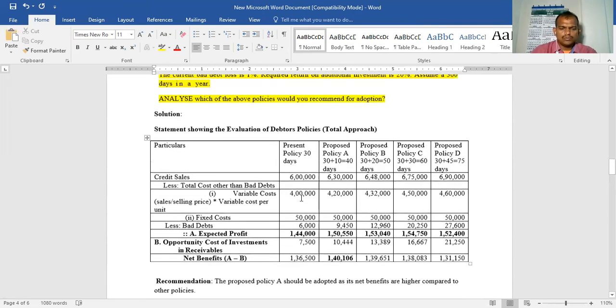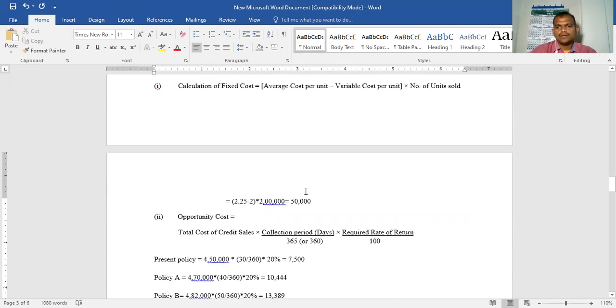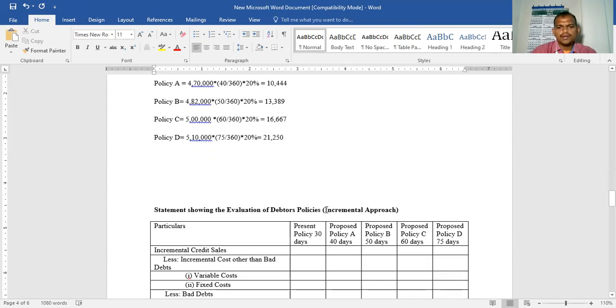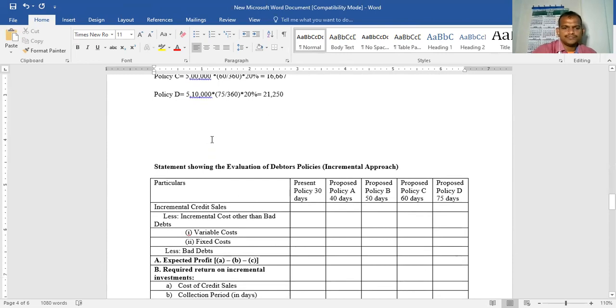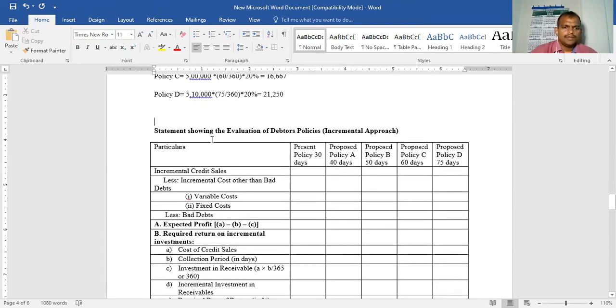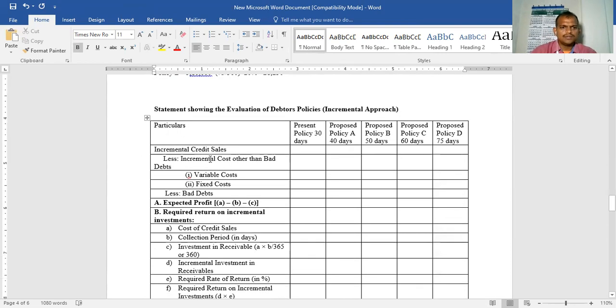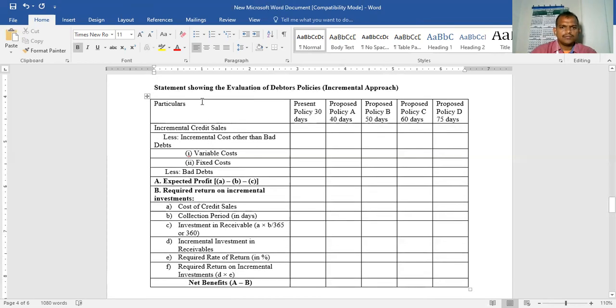We can do the same thing by using the incremental approach as well. So how to evaluate the debtors policies by using the incremental approach. This is the statement showing the evaluation of debtors policy using incremental approach.